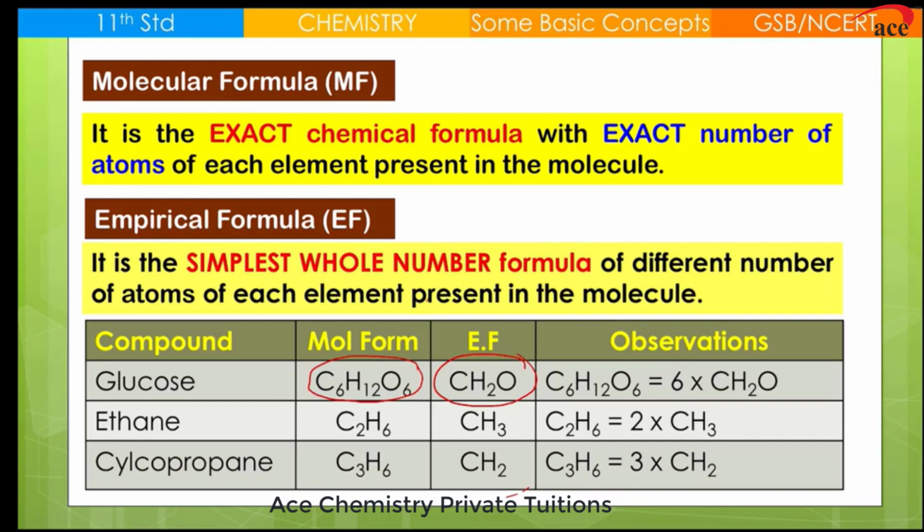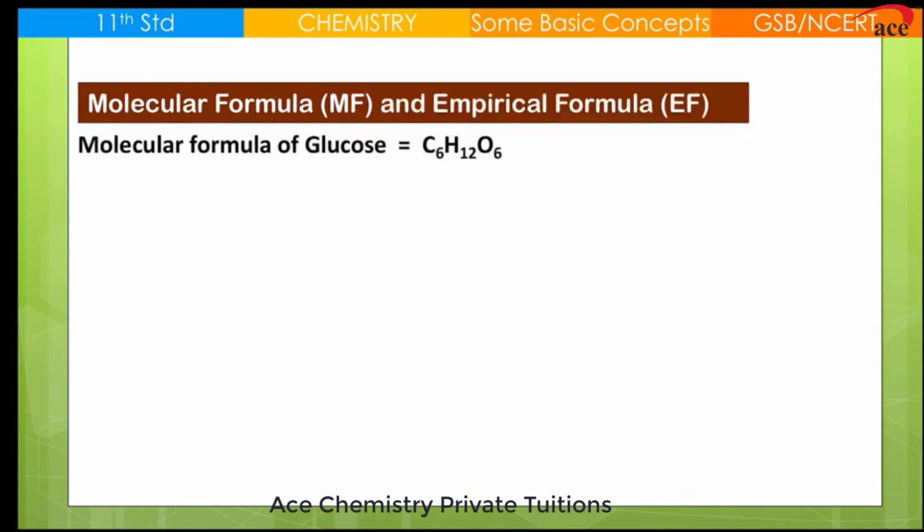Now the observation is, for glucose the molecular formula is 6 times the empirical formula. Similarly, ethane's molecular formula is 2 times the empirical formula. Similarly, cyclopropane is 3 times that. That means some whole number multiple of the empirical formula is the molecular formula.